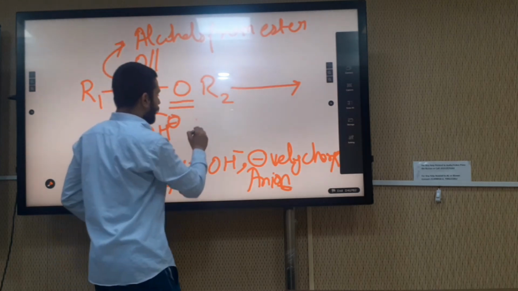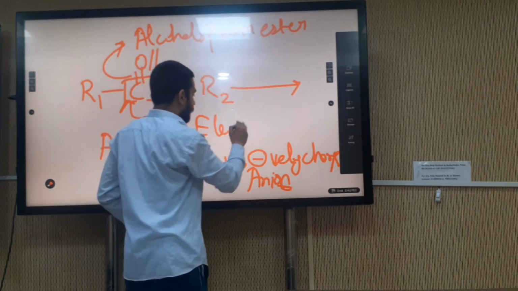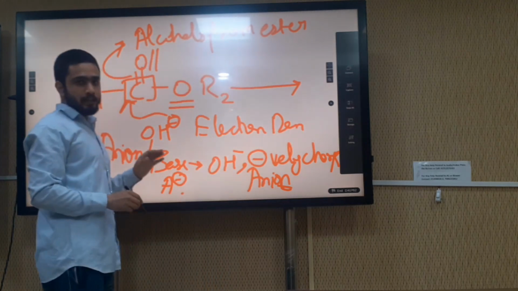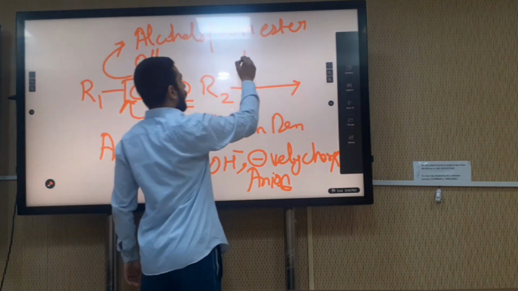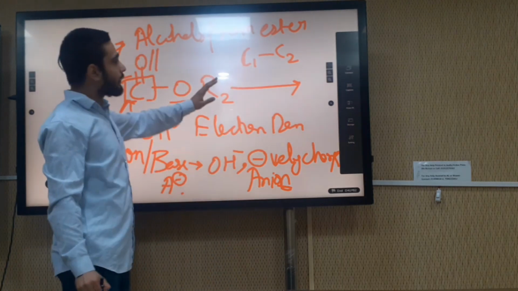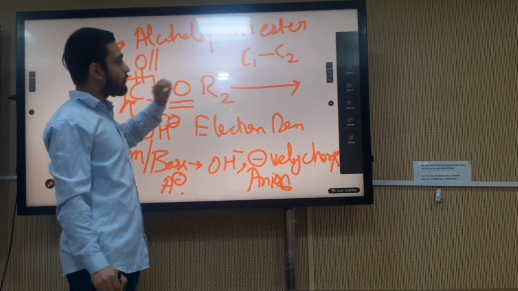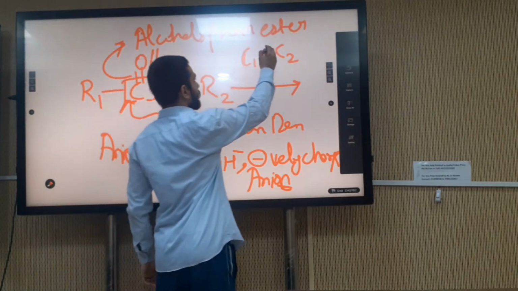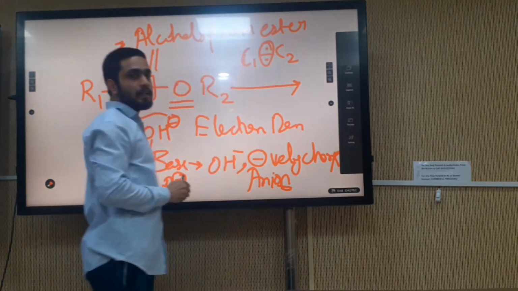Suppose there are two atoms, C1 and C2. These are not necessarily carbon atoms; they are any two atoms. If they are neutral, what will be the situation? The electron density will be at the center.